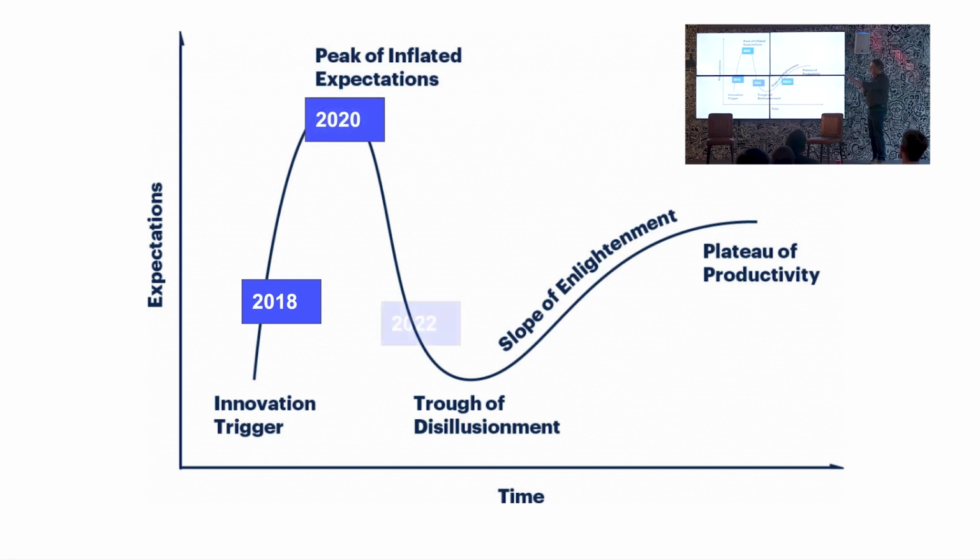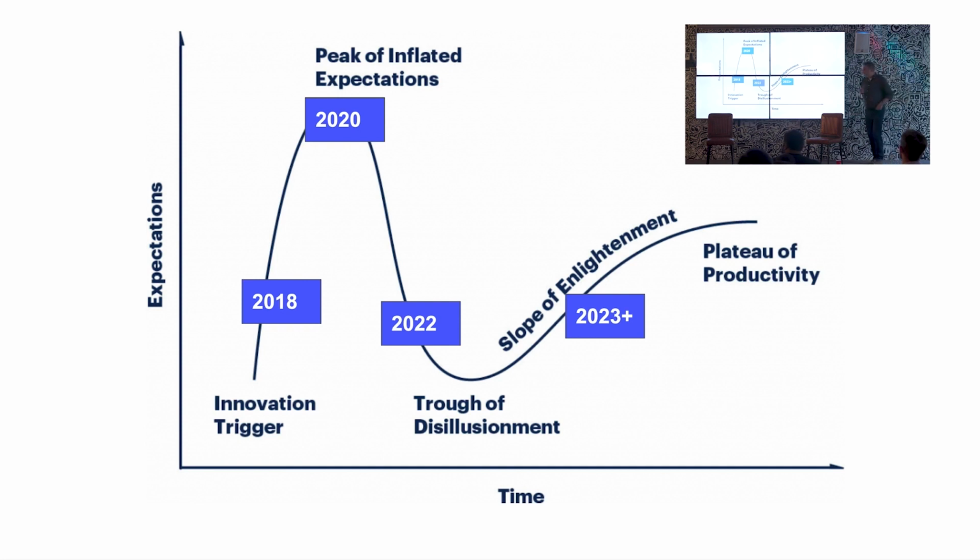I'd say that innovation trigger and the peak of inflated expectations is around 2020. Certainly around 2020, when Snowflake raised their IPO, and when dbt Labs raised their money, I think you look back and that was the peak of inflated expectations.